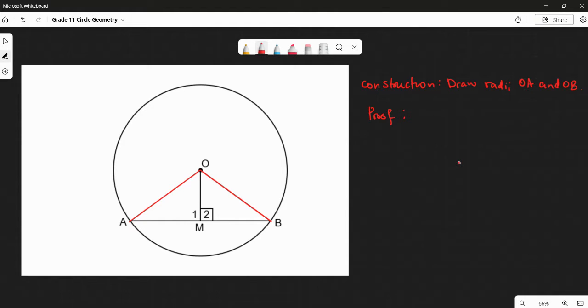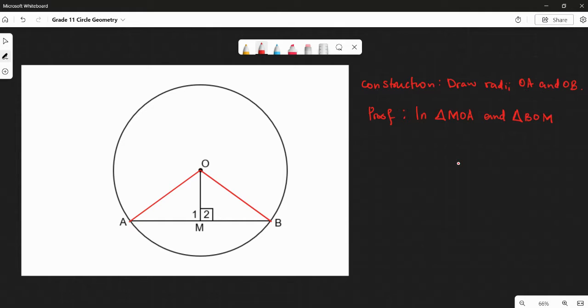So with that, let's say in triangle MOA and triangle BOM. I'm just writing them like this, but as we prove congruency, the order is very important.